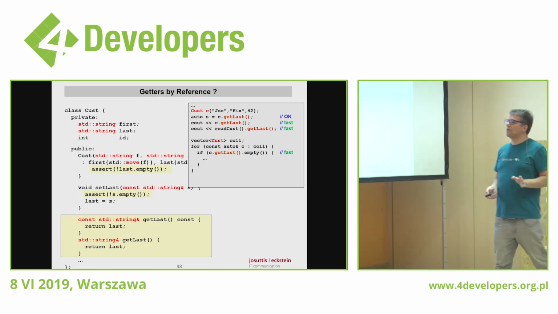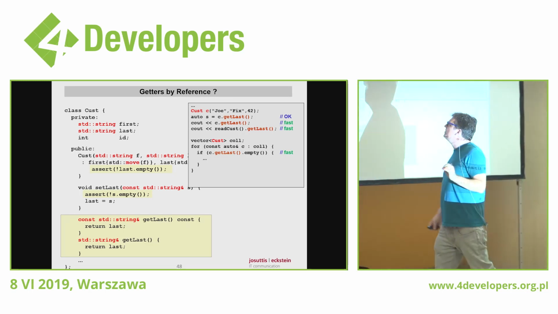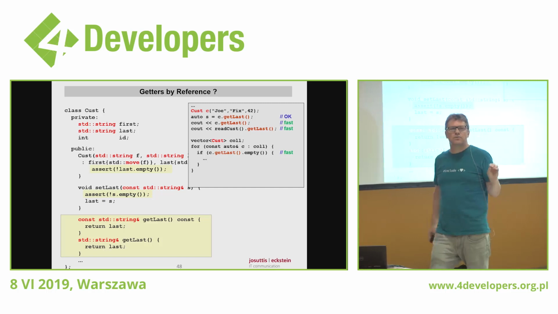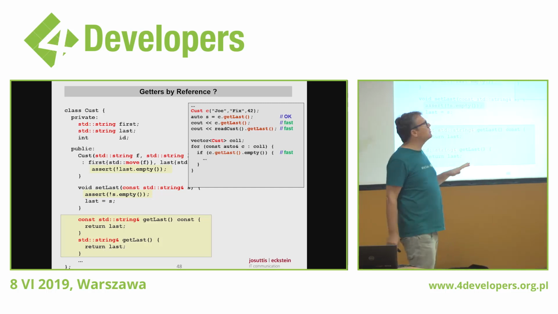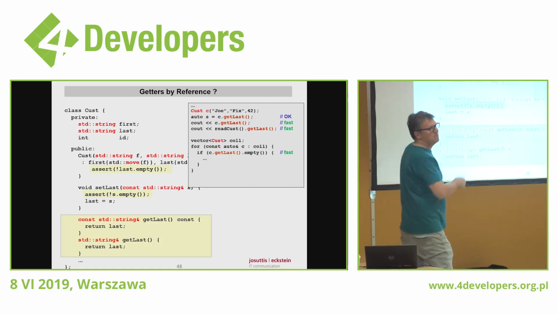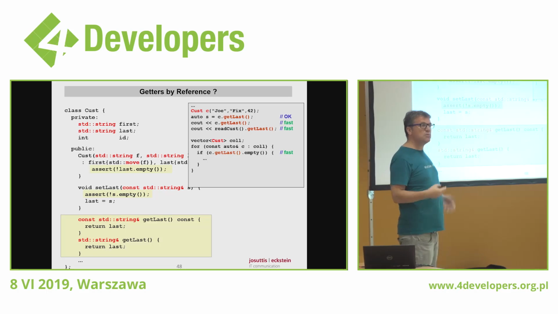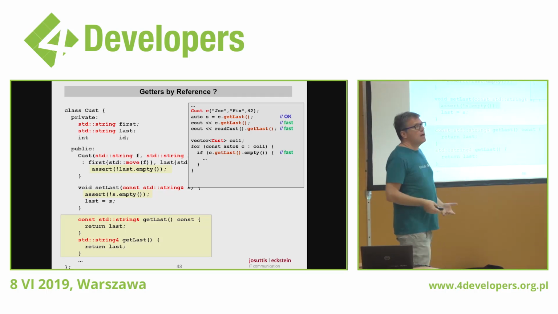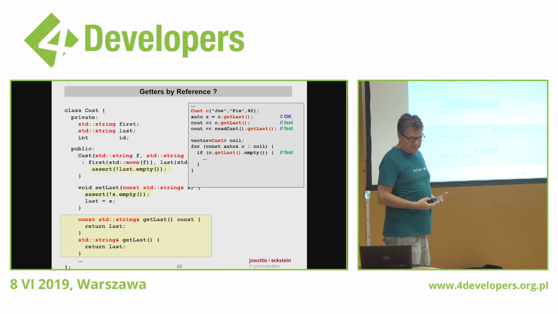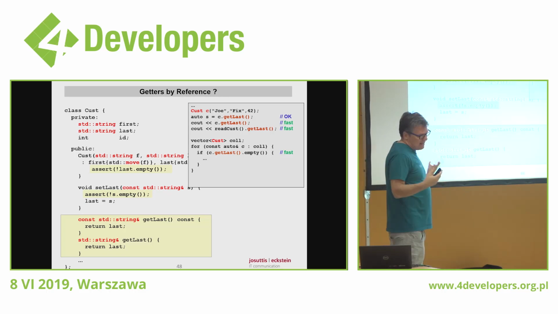Wait a minute. Think about we have some reason to protect the access to the last name. We want to make sure that our last name is not empty, which we can do if we can intercept in all the API calls that set the last name.